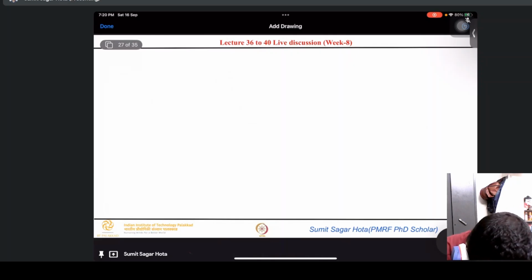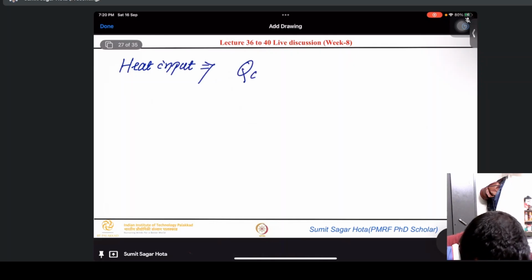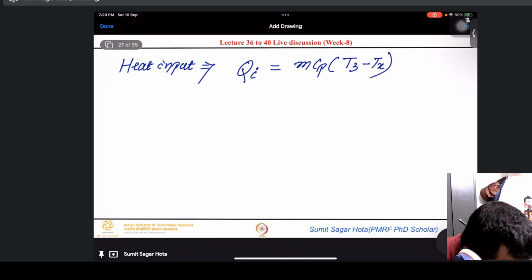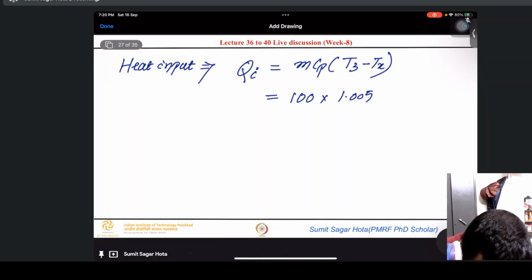So heat input Qi is equal to m Cp into T3 minus Tx. Okay, what is m? 100, Cp 1.005, T3 is 1700, Tx 980.53.